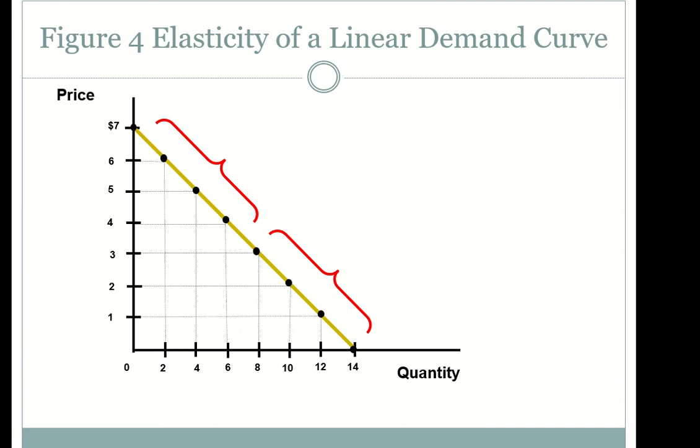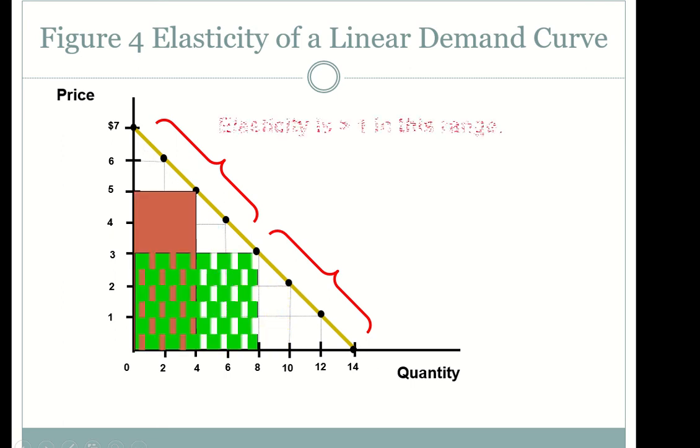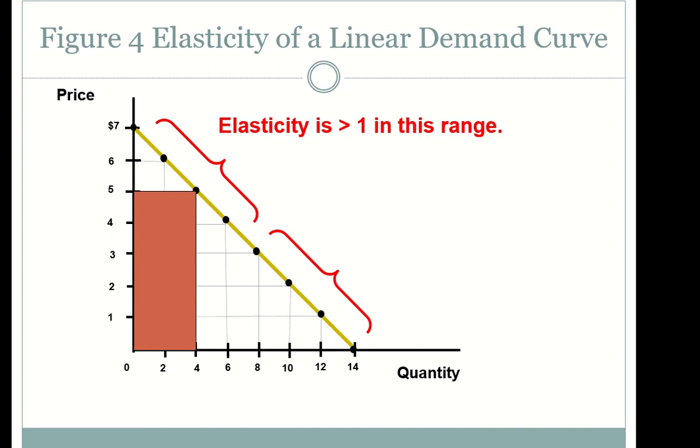This is the demand curve, where we plot the demand curve using the information. You can see that according to our calculation, in this part here, the price elasticity of demand is greater than 1. This is when the quantity demanded is small enough and the price is high enough.